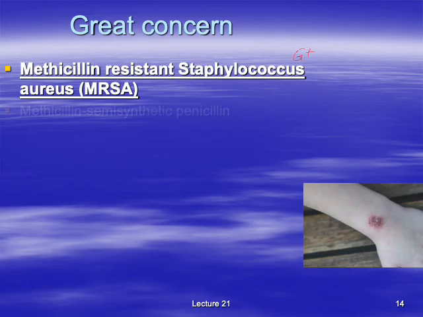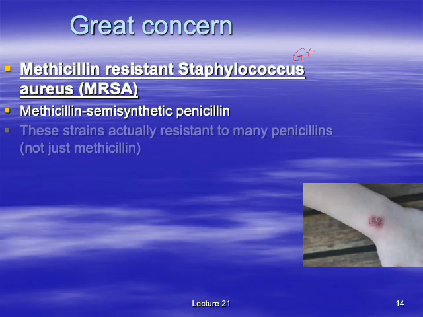It's very common. Methicillin is just a semi-synthetic penicillin. Originally they found there are a lot of Staphylococcus that are methicillin resistant. But what they found in this group is they were actually resistant to many penicillins, not just methicillin.